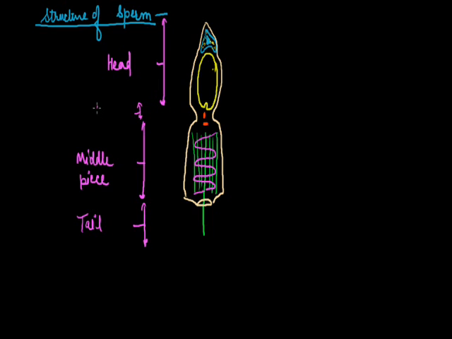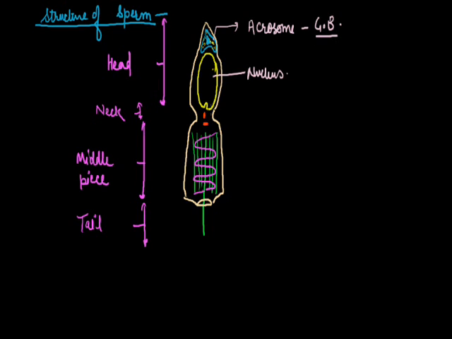This is called the neck. The earlier part of the sperm is the head, in which the nucleus is found. Along with the nucleus, a specific cap-like structure is formed, which is known as the acrosome. It's formed by the Golgi body and required for penetration.